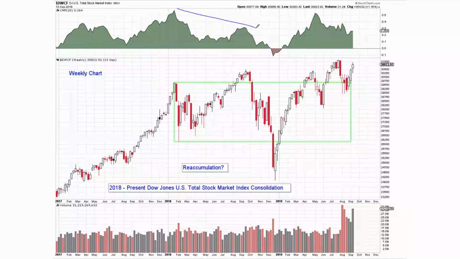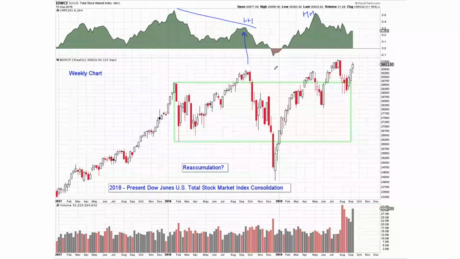So notice there at the beginning, notice what money flow is doing, very high. And then notice the higher high that we made last October, and notice what money flow is doing. And very soon thereafter, the bottom fell out. So now we get this rally coming, from December of last year into the high, and money flow is doing what you'd expect it to do.